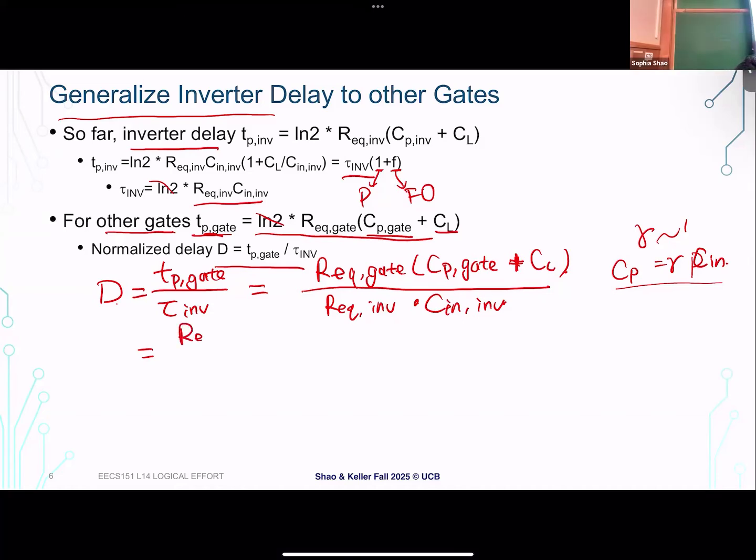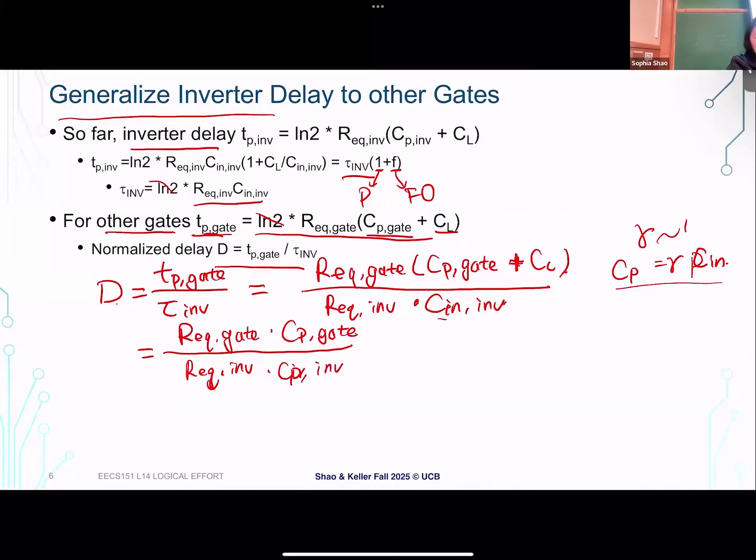So the first term, again, just a simple rewrite, we have the gate resistance and the parasitic capacitance of my gate, which can be normalized to the RC term of my inverter. And I'm replacing this inverter term back with the parasitic of my inverter, since they're the same, right? So with this, we'll talk about the second term later, right? If you look at the first term, we're basically looking at the RC term for the parasitic part, right?